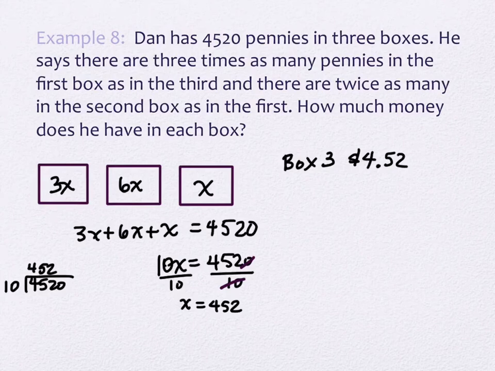What would I have to do to find the other two boxes now? Multiply them. Okay, so box 1. What would we do to find out how much money is in box 1? We would multiply that by 3, right? So what is 452 times 3?